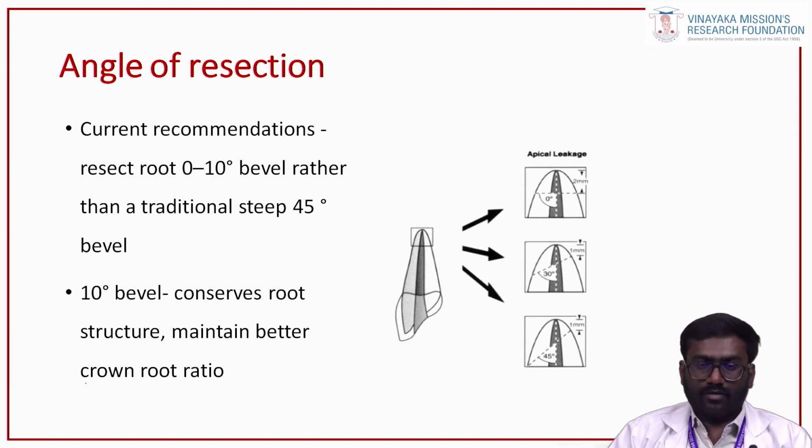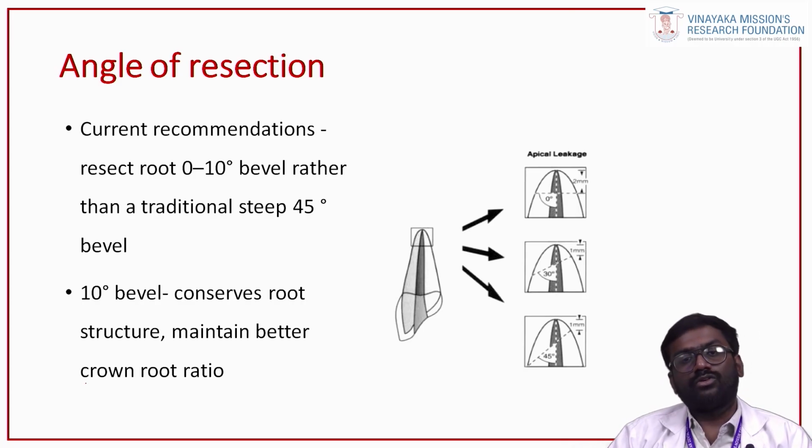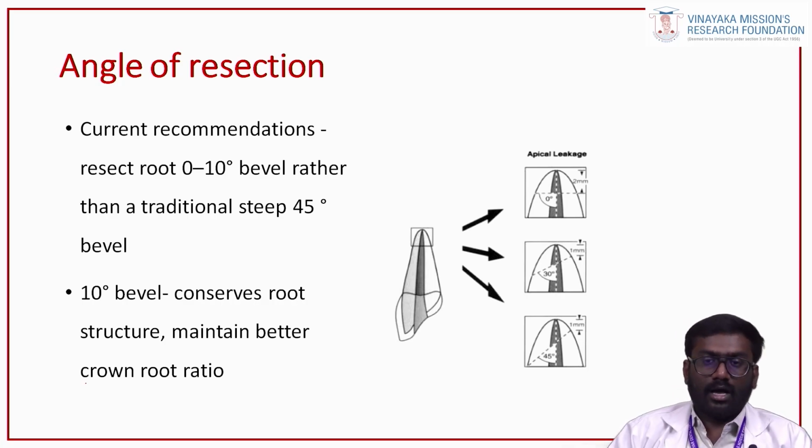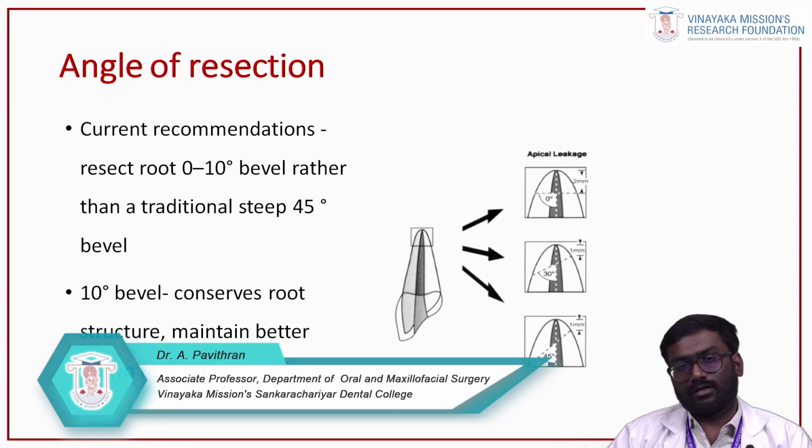The main advantage is that you preserve as much root as possible. When you angulate it, the more surface you cut off. When you do not angulate it and cut only 0 to 10 degrees, you conserve the root structure so that you have an adequate crown to root ratio. If your root is very short and you cut 3 millimeters with a bevel, you are going to compromise the radicular portion of that particular tooth.